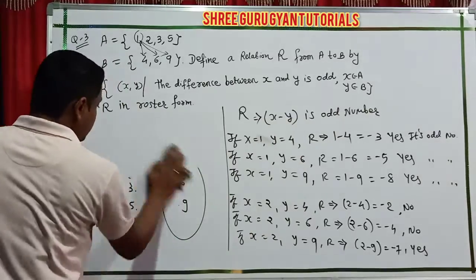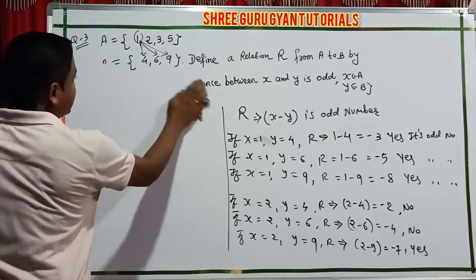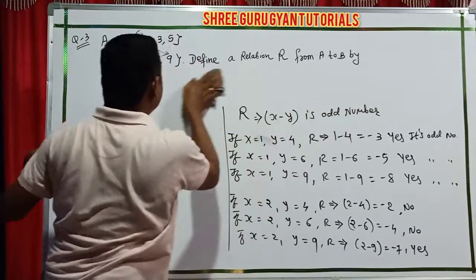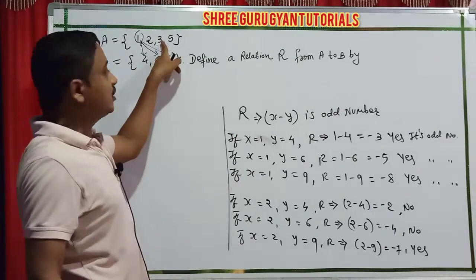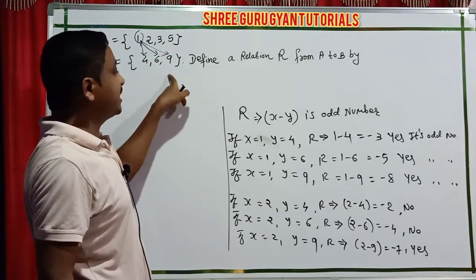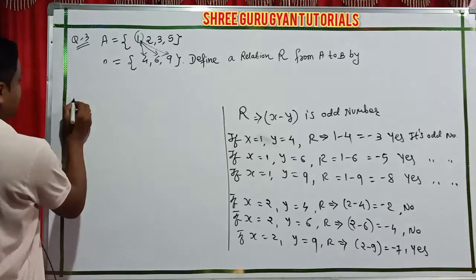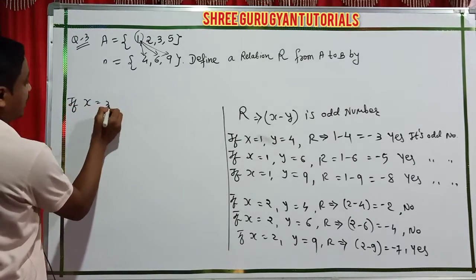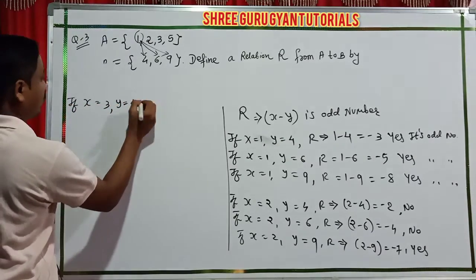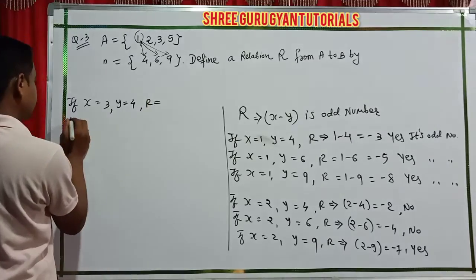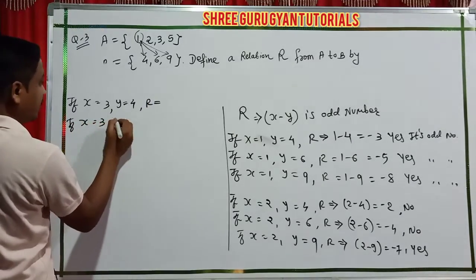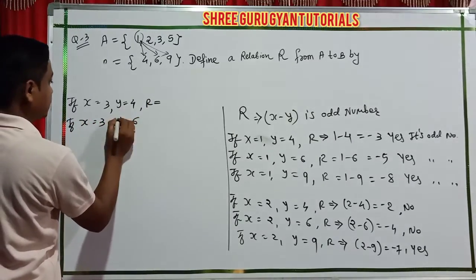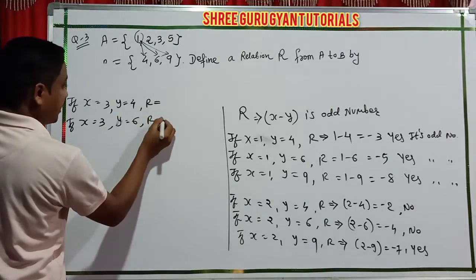So same as before, students, I go to the next value to define, now 3. 3 to 4, 3 to 6 and 3 to 9. So if x is equal to 3, y is equal to 4, relation R is ready. If x is 3, y is 6, relation R is ready.